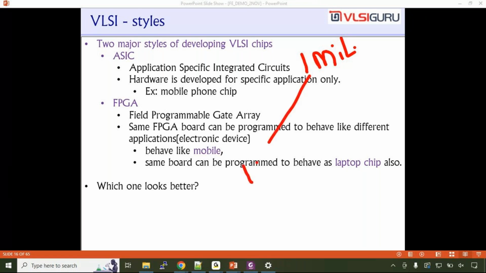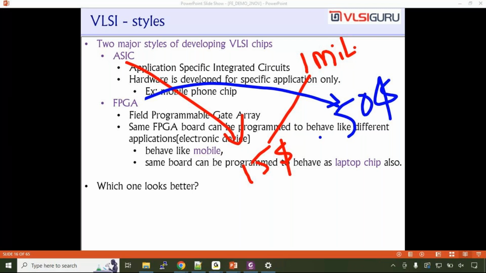ASIC will cost me roughly, let's say $15. How much per chip will it cost in ASIC? $15. The FPGA might cost me $50. Same functionality to manufacture using FPGA board, it may cost me $40.